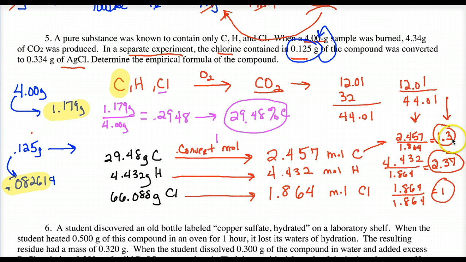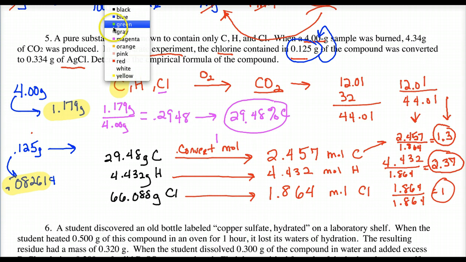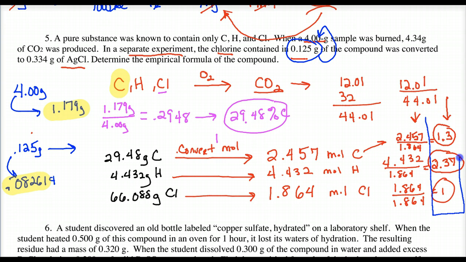We can't round this third off with this 0.37. This 0.37 is nasty. So what I'm going to do is multiply everything by 3. When I do that, 3 times 1.3 is 4. So we got 4 carbons.